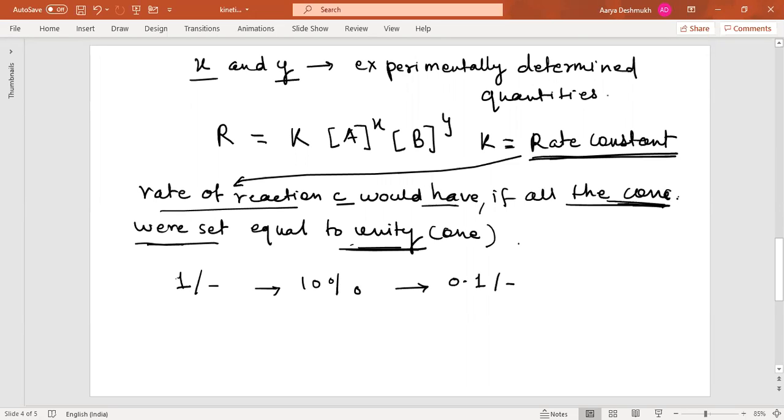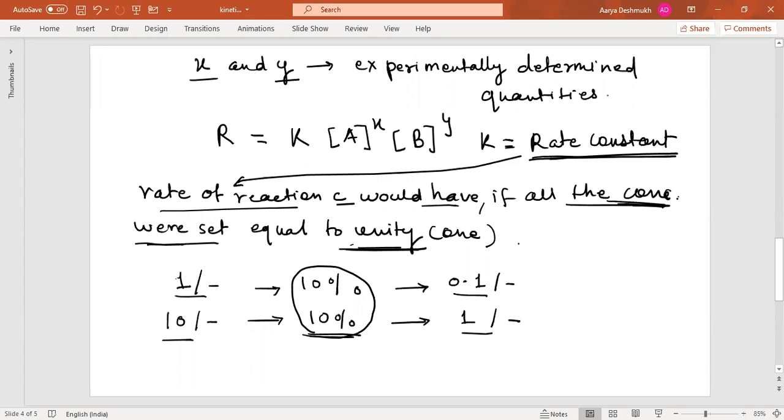Now instead of 1 rupee, if I have 10 rupees and again want to give you 10% of this, how much will I give? 1 rupee. So what I'm doing here is keeping this 10% constant. From 1 rupee, I am giving you 0.1, from 10 rupees, I am giving you 1.